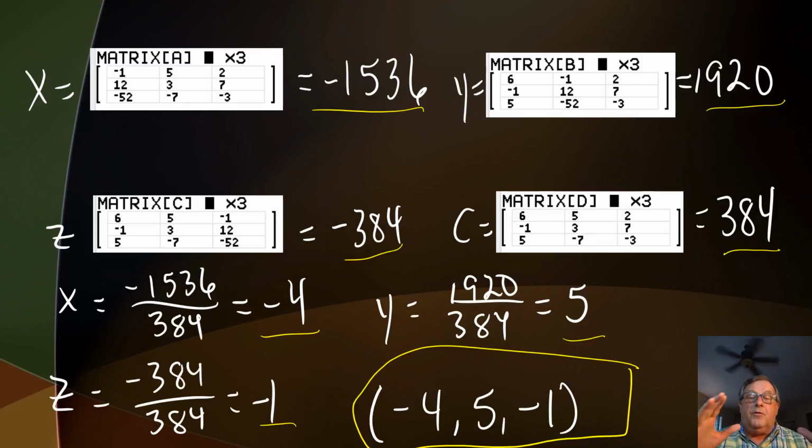And I think you'll probably agree, once you get through the setup and making sure that you're setting up each matrix properly to solve a system of equations, 3 variables, 3 equations, it's probably much quicker and much easier than solving it using substitution and elimination.